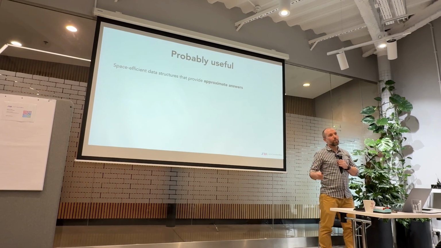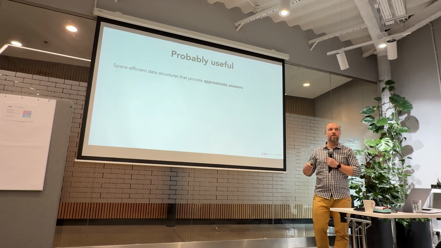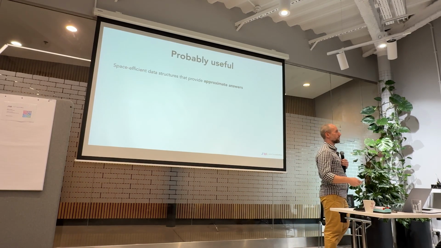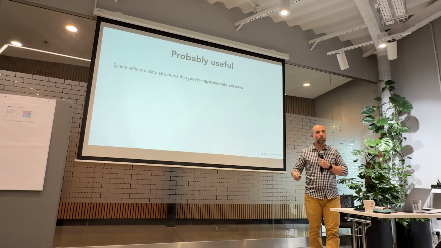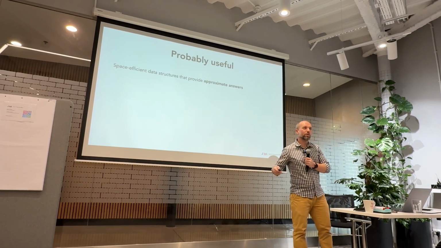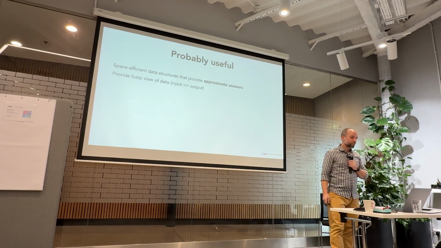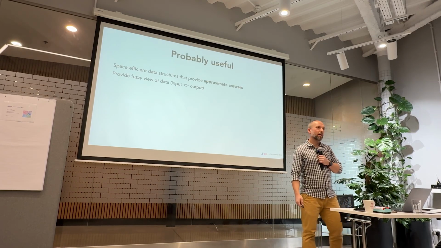We are going for approximate answers, so we are giving up the correctness and strictness of our answers, but we are getting more space efficiency, so we can put more data into our memory. They give us a fuzzy view on the data.